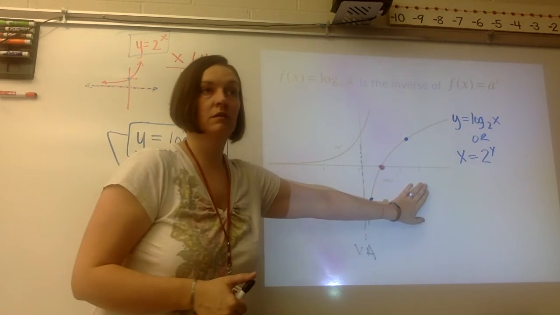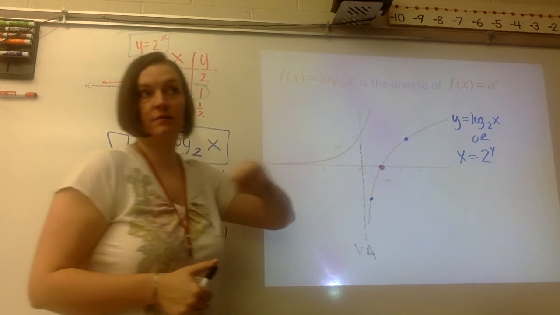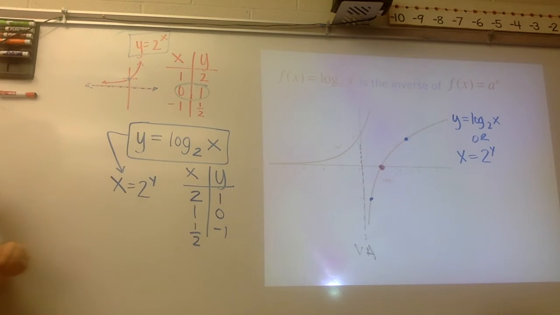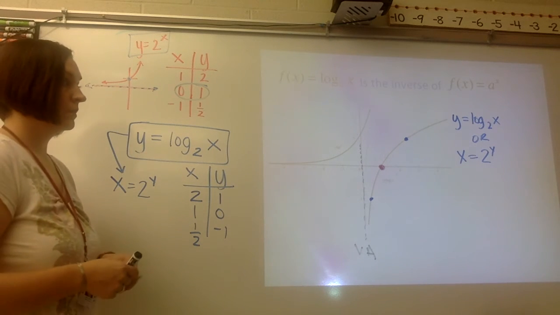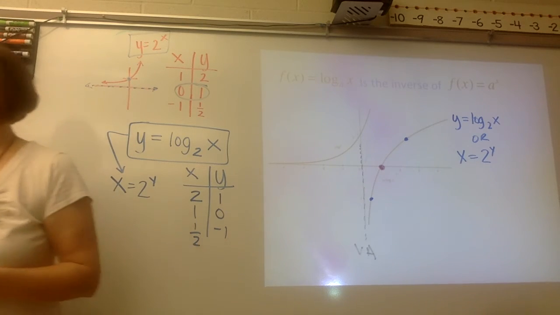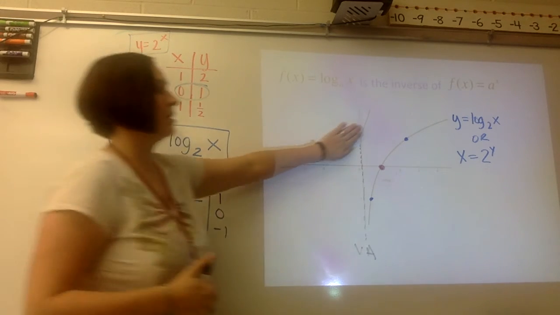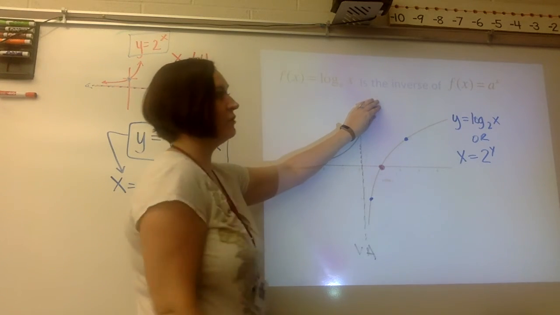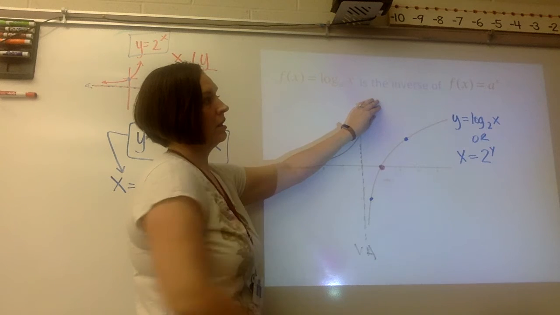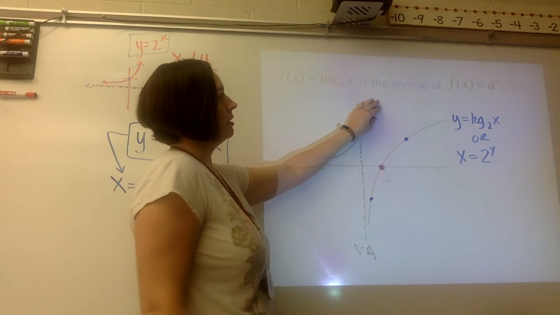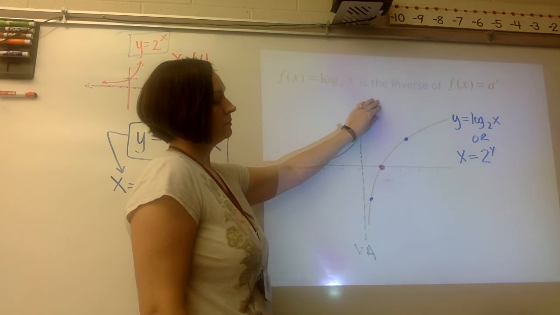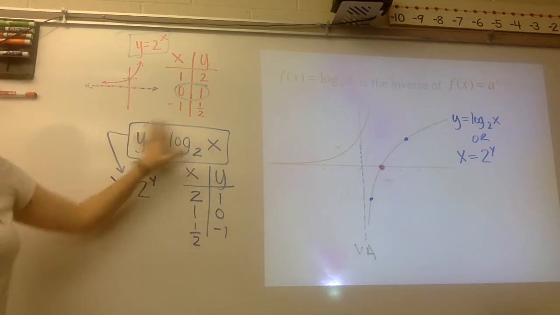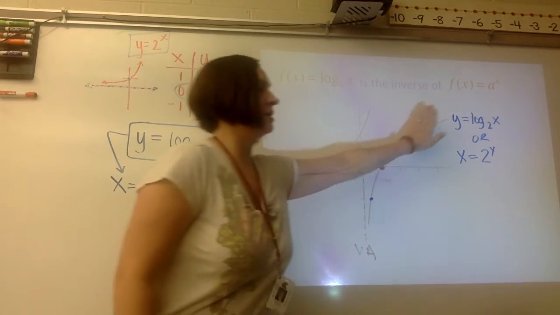This is log base 2 of x. Questions on that? Please do not draw this part of the graph. This is the graph of the exponential. This is the graph of the new function that we have right there. So what I have in blue is what's graphed here.